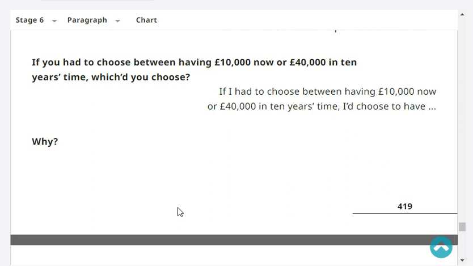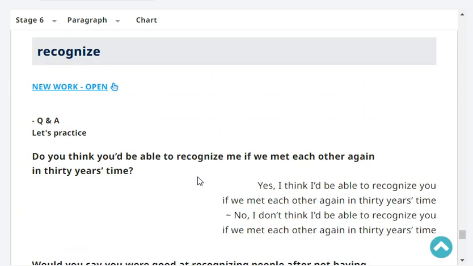If I had to choose between having £10,000 now or £40,000 in 10 years' time, I choose to have £10,000 now. Why? Because I need money now. Correct. Very good choice. Excellent.